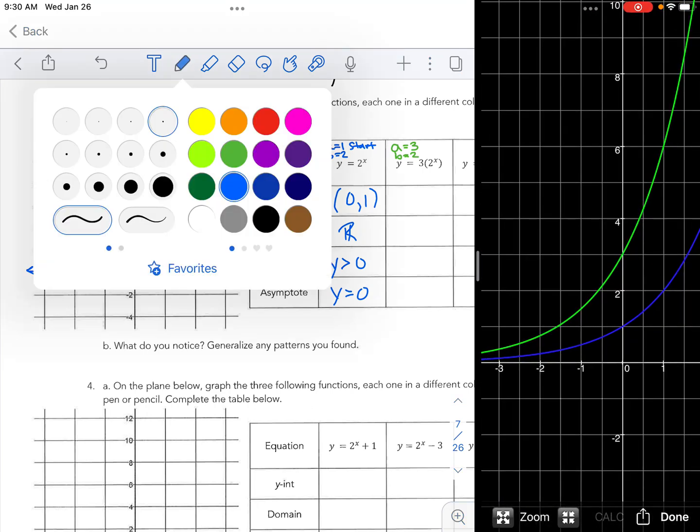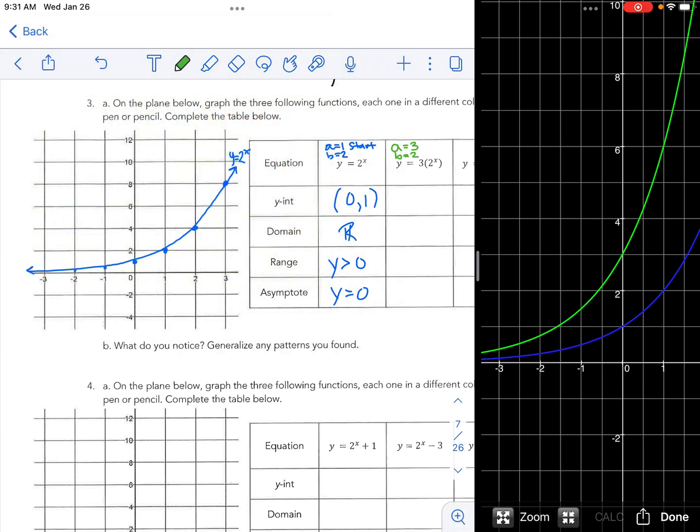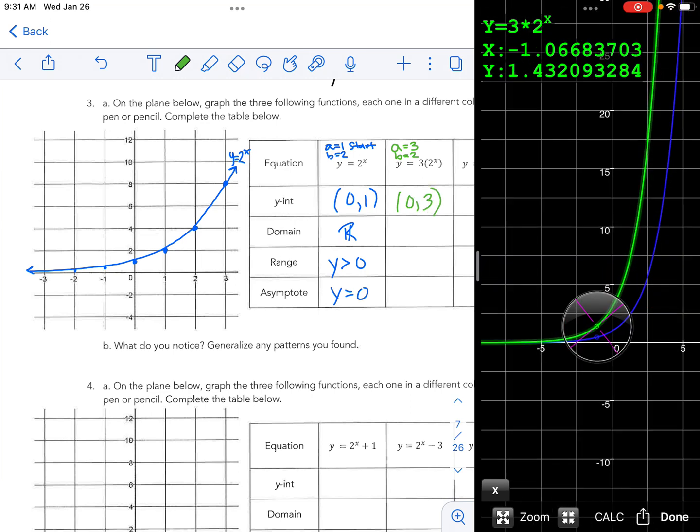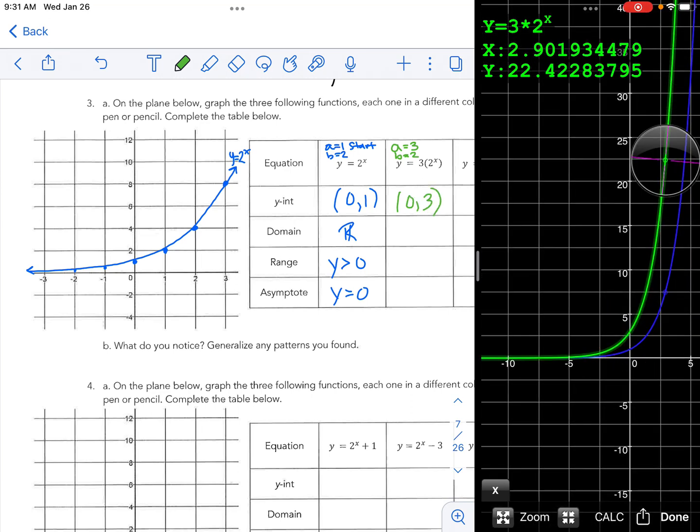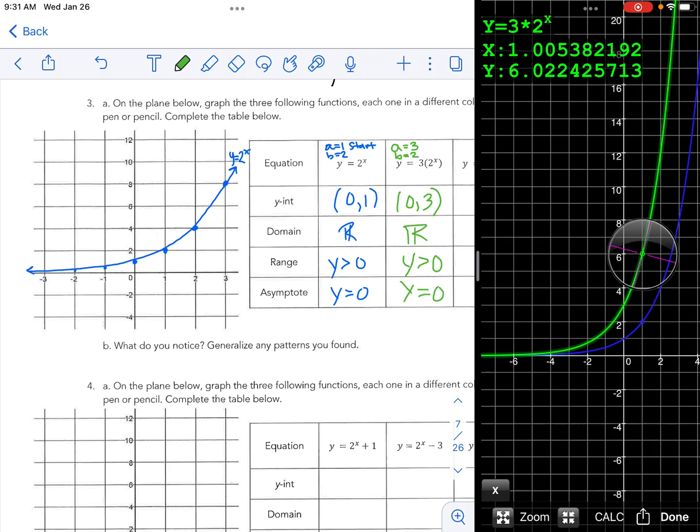So notice when I have 3 times 2 to the x, my intercept is 0, 3. Notice the shape is the same though, right? It's still exponential. So what that means is all of these things don't change. We still have that shape. Okay, but our intercept changed.